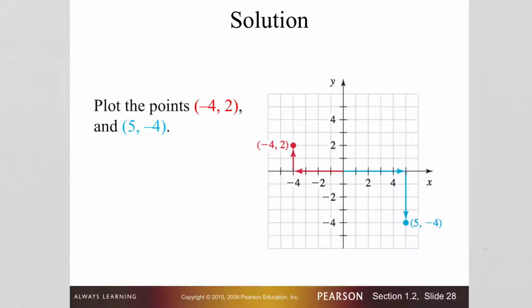Okay, I was wondering where they put those other 2 dots. I put them on the last graph, but notice how (-4, 2) is left 4, up 2, and (5, -4) is to the right 5 and down 4.